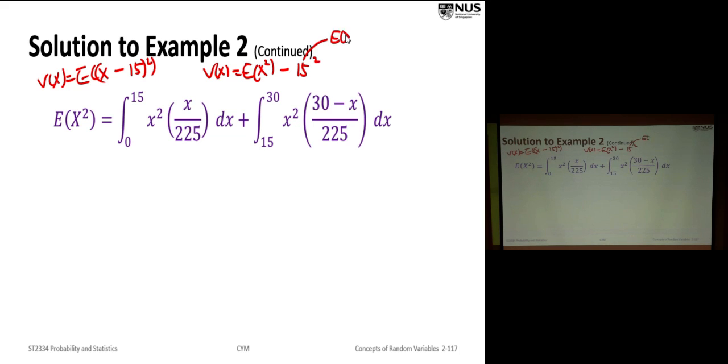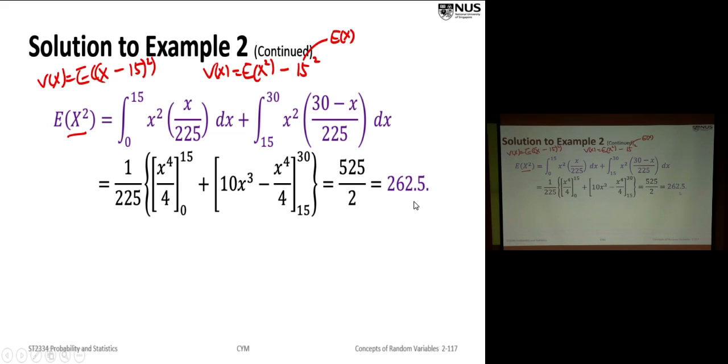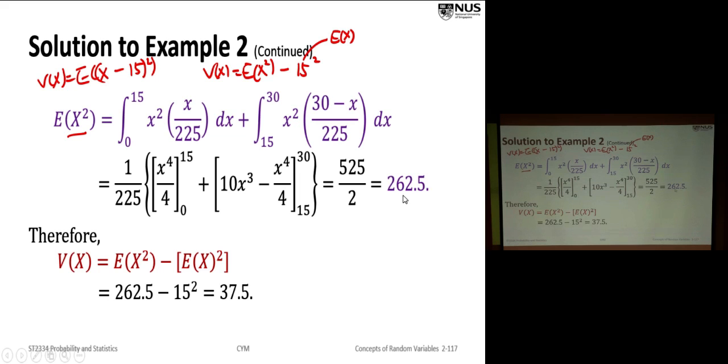This is the square of the expectation of x. So I do expectation of x squared: integrate x squared times f of x. It's just a polynomial, so you work it out. It's 262.5. So therefore the variance equals 262.5 minus the square of 15, and turns out to be 37.5.